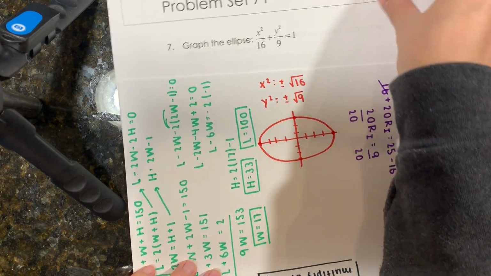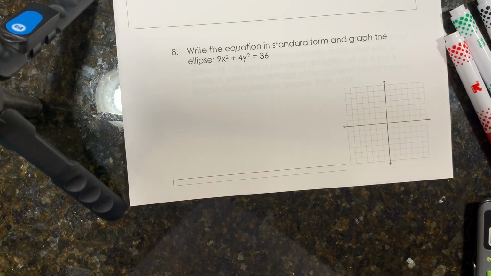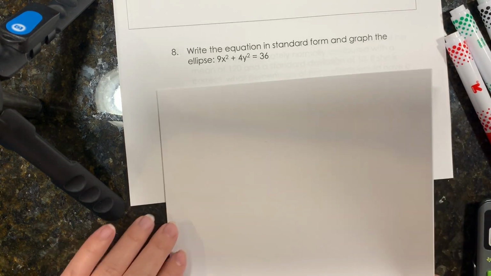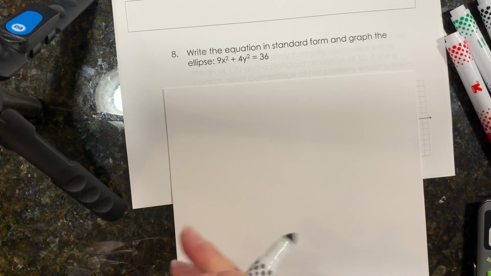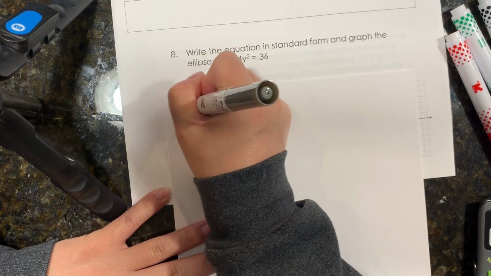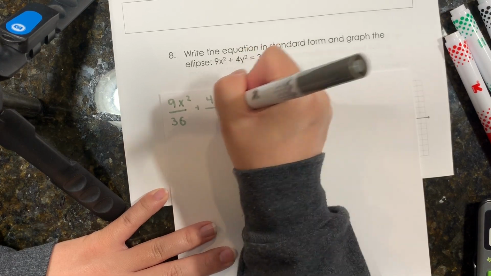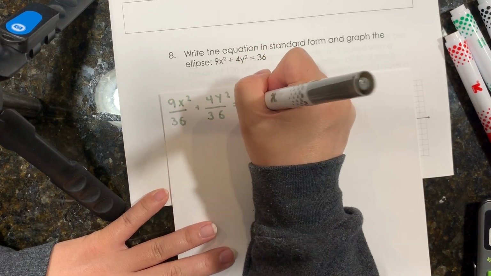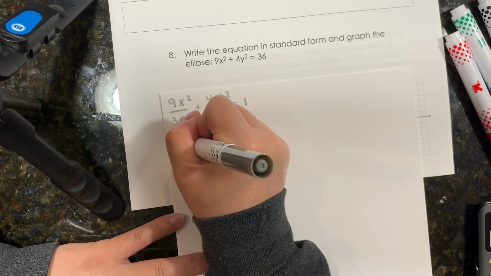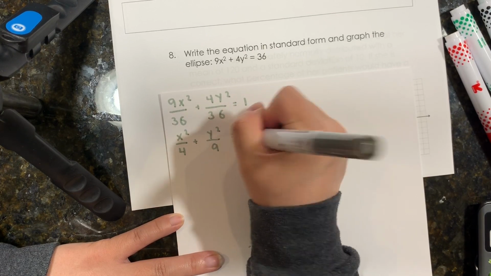Now looking at number 8, this one is not in the correct form. So what you would have to start by doing is dividing everything by 36 so that you're able to put it into the standard form. So 9x squared over 36 plus 4y squared over 36 equals 1. This would simplify to x squared over 4 plus y squared over 9 equals 1.